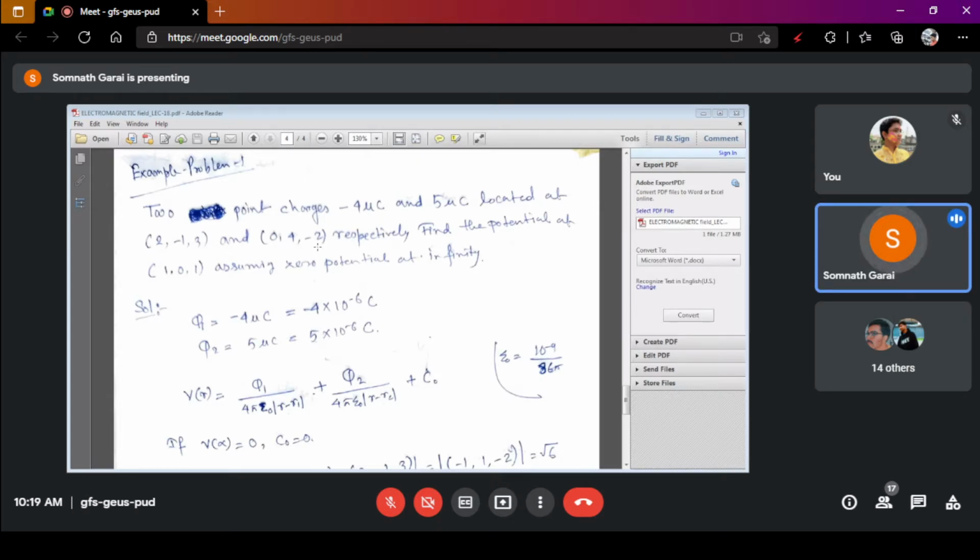So if you see this, two point charges are located in two different vector locations, and the locations are not uniform.